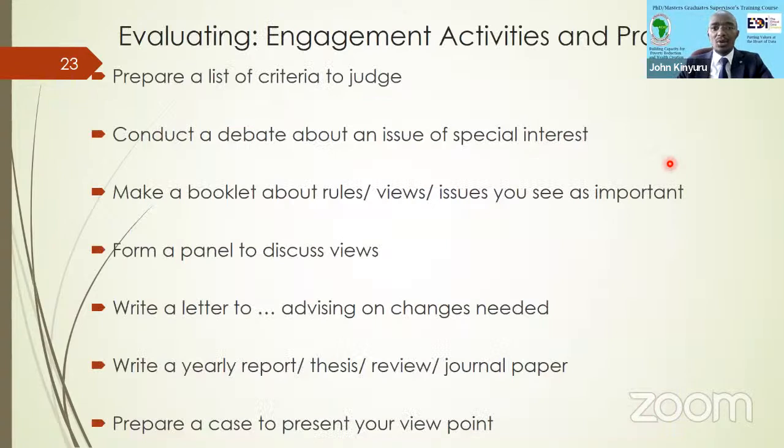So here, some of the engagement activities and products include preparing a list of criteria to make a judgment, conducting debates about an issue of social interest, making a booklet about rules or viewpoints or issues you see as important, being a member of a panel discussion to discuss your views.